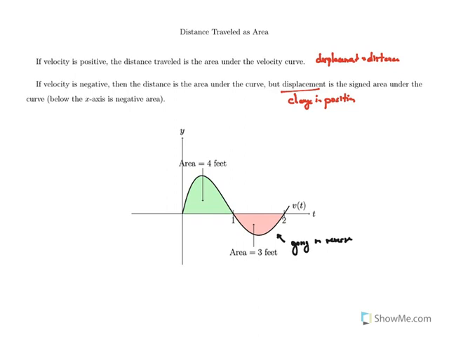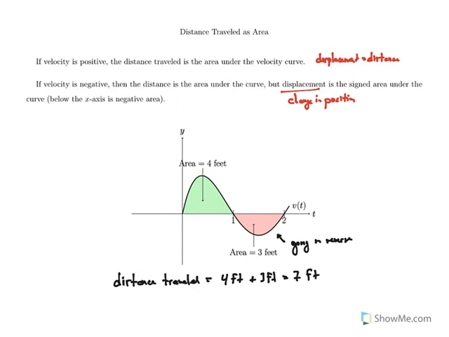So if you think about how far a particle or a car has traveled in this example, then we can say the distance traveled total is 4 feet plus 3 feet. There's been 7 feet traveled total.